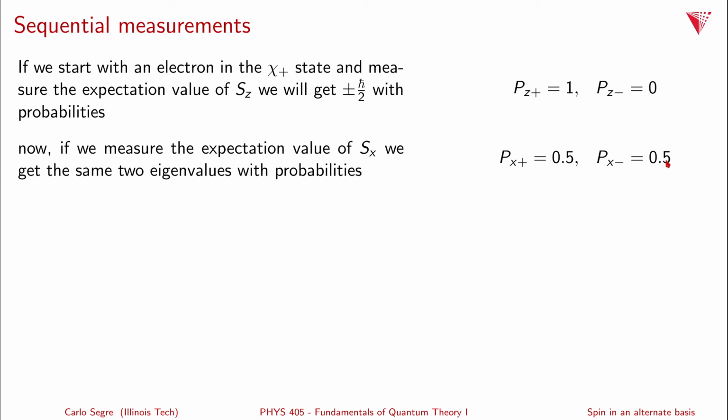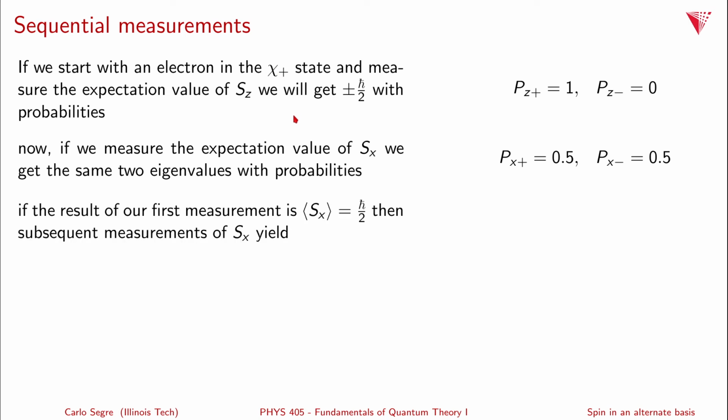And the reason is, remember that the basis vectors of these are different than the basis vector for chi plus. So chi plus is really just a linear combination of the eigenvectors of S sub x.